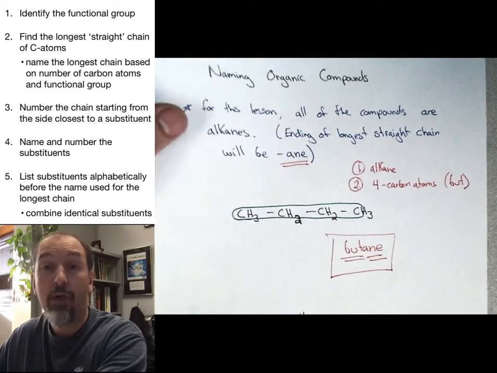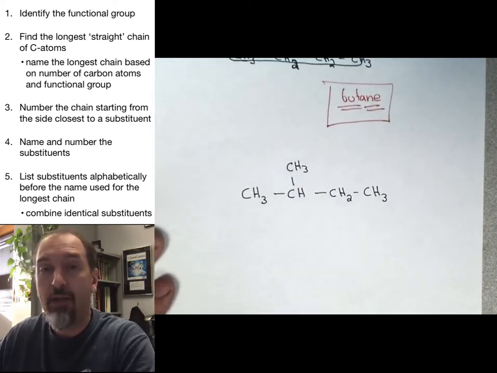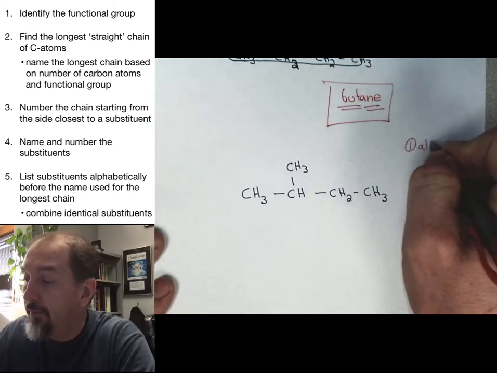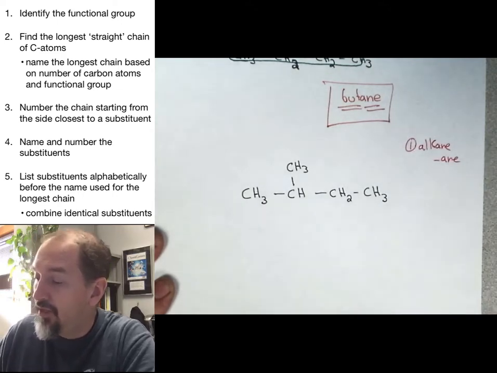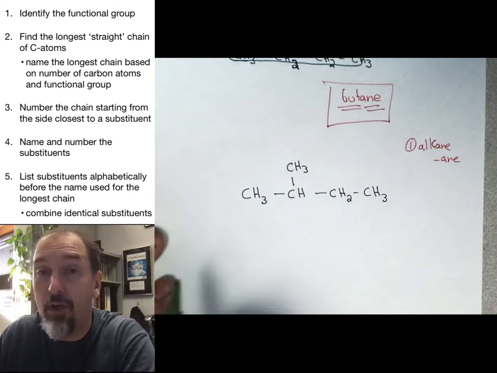Now things get a little bit more complicated when we have branch compounds. So here's a branch compound. Again, following the same steps, we know that it's an alkane, so we know the ending is going to be ANE. Same thing here, we find the longest chain: 1, 2, 3, 4.